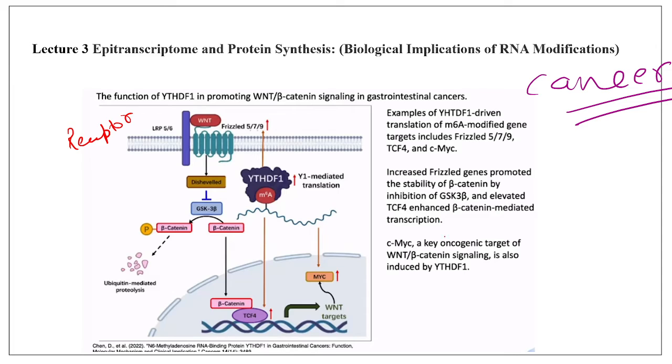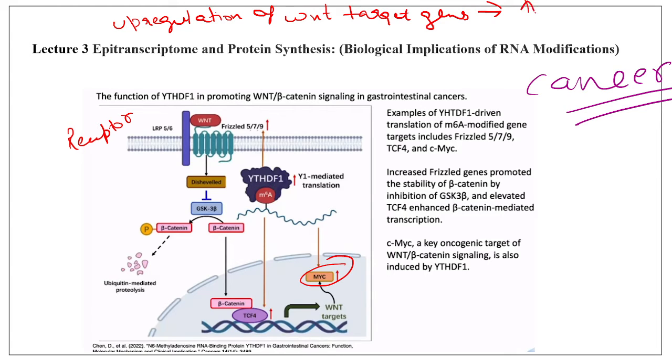The upregulation of Wnt target genes causes increased translation of YTHDF1.